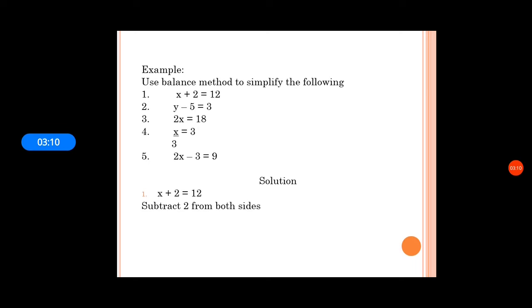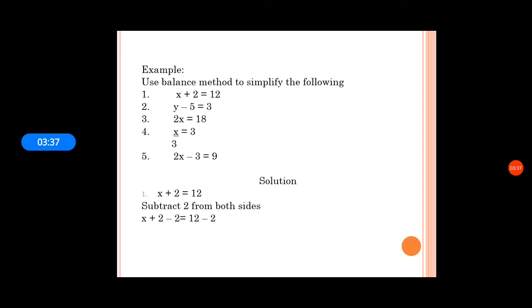Something matters that we need to know here. You can see that when we have x plus 2, the relationship between the variable and the constant is positive. So for us to get rid of the constant there, we have to introduce negative so that the negative can cancel out the positive. So what we're going to do is to subtract 2 from both sides.